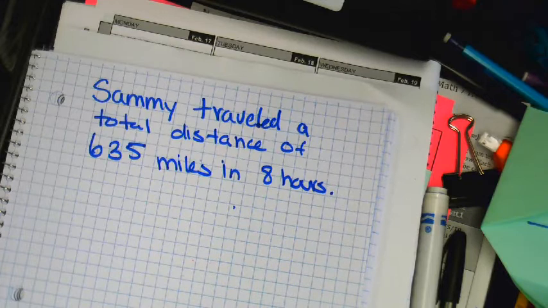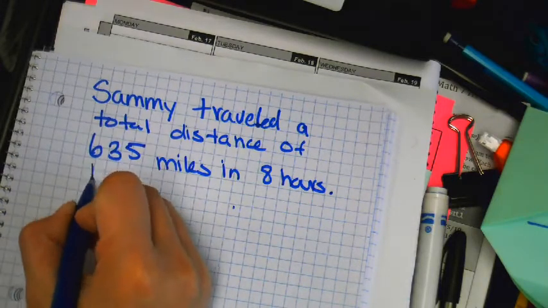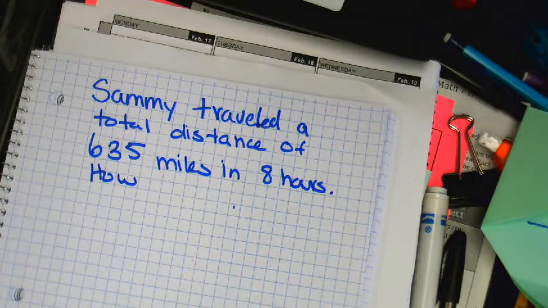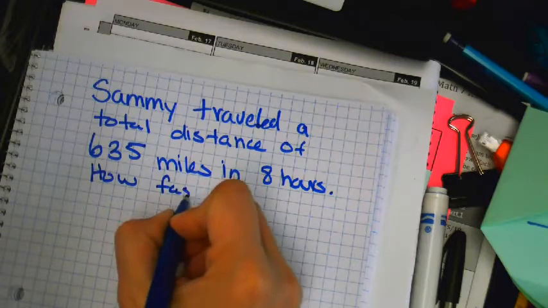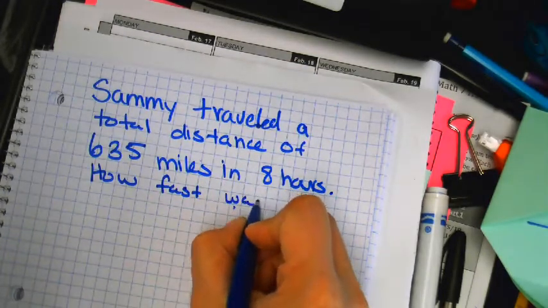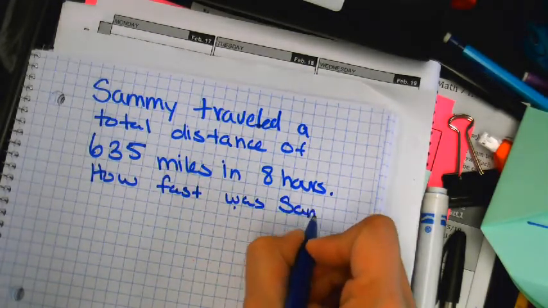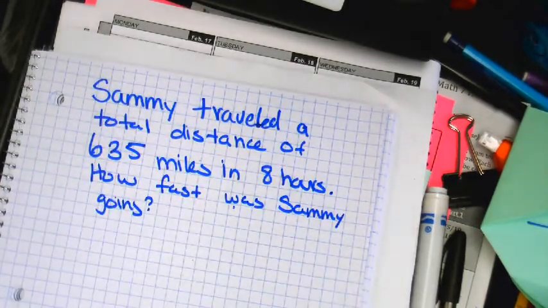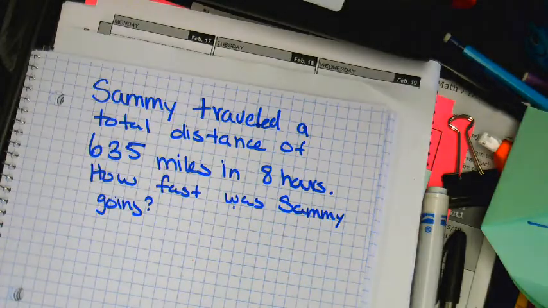We're writing this down, everybody. Word for word, period, capital letters. Okay, I'm not done. What do you think I'm going to ask you? How fast was Sammy going? All right. Yay, everybody is writing.